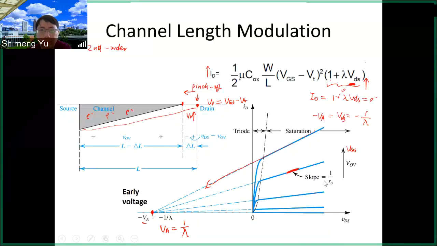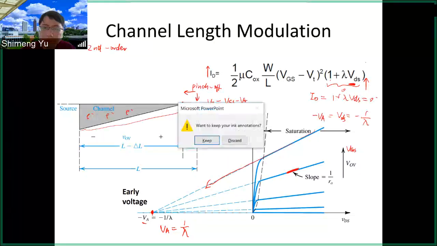Here we're not going to discuss the details of analog circuit design. There is a separate course on that. But for digital circuits, here we focus on the first order equations. All right, any questions here?